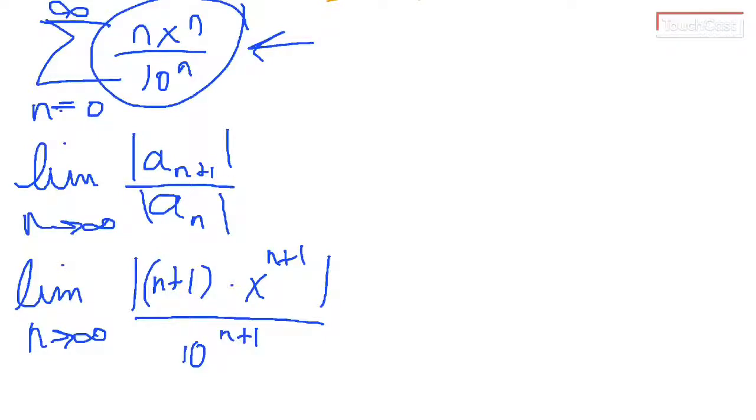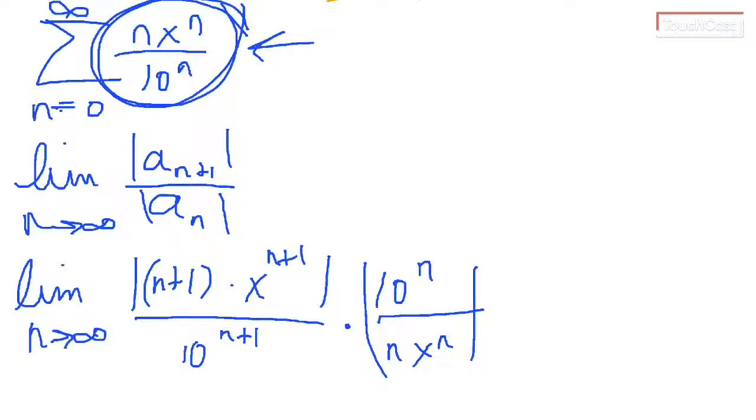I'm supposed to divide that by the nth term, which is this exact thing, but instead I'm going to change that to multiplication by the reciprocal. That's going to be 10 to the nth over n x to the n absolute value. I could have put absolute value bars around this guy, but he happens to always be positive.